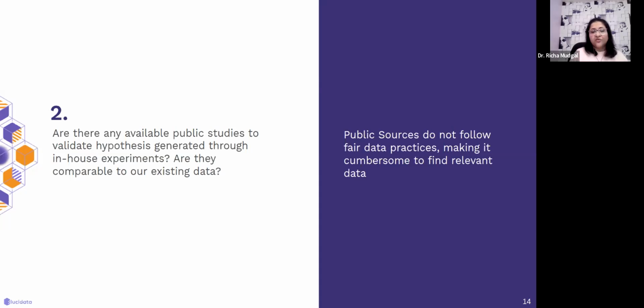And mostly we know that the databases that are available may not follow FAIR data practices, predominantly because of the rate at which they're growing and the data being deposited by different researchers. It's very difficult to ensure that they all follow standard format or upload enough information. So for them, this was becoming a very cumbersome thing, and if they were to do it themselves, it would take them a much larger time, and they also lacked expertise.